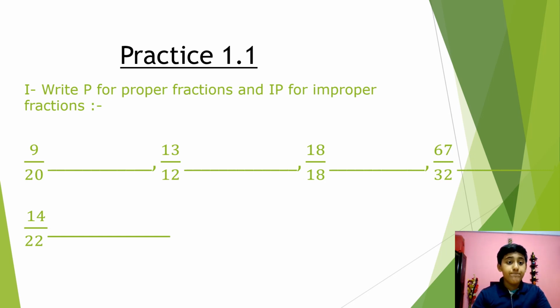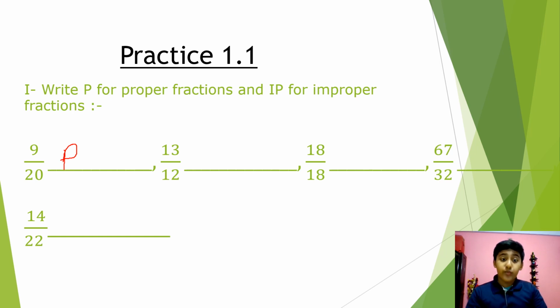Practice 1.1. Question 1: Write P for proper fractions and IP for improper fractions. So we can see here 9, the numerator is smaller than the denominator. So we write P for proper fraction. 13 by 12.